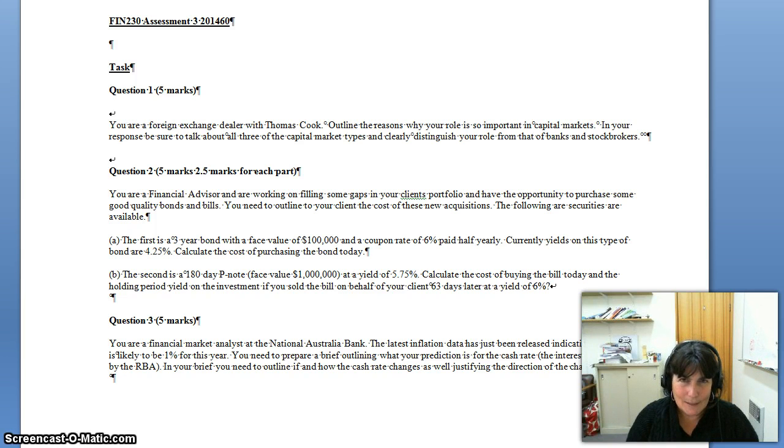In the second question, we've got you working on a couple of calculations. Valuing a 3-year bond, and then valuing a P-note. Okay, now these calculations have worked through examples embedded in the modules.